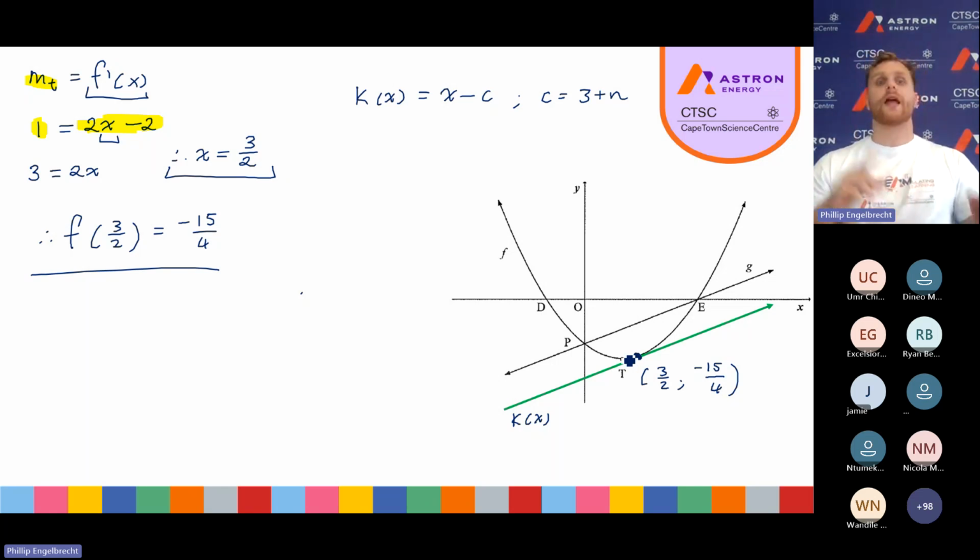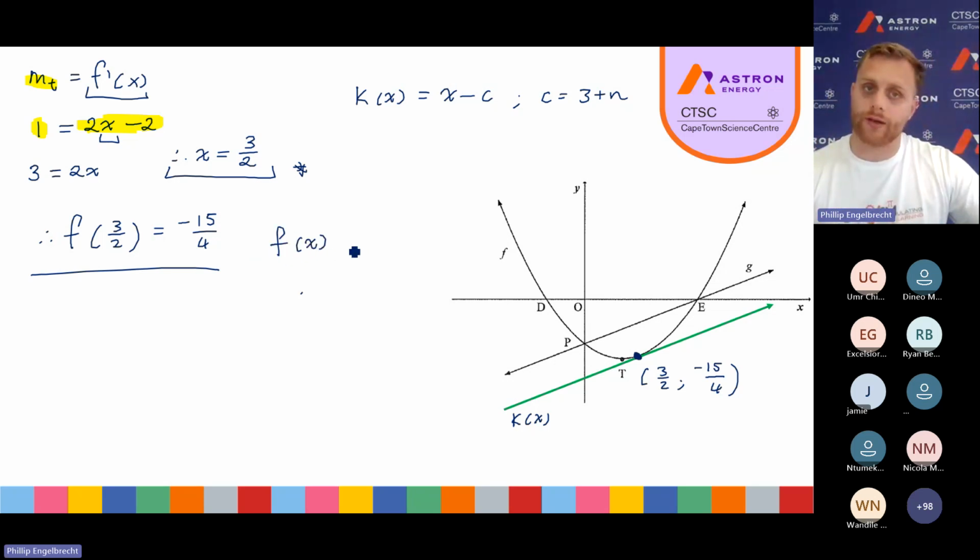Then I have the x value for this point. How do I find the y value? I take this x value and substitute it into the original equation. Remember, f of x is equal to x squared minus 2x minus 3.